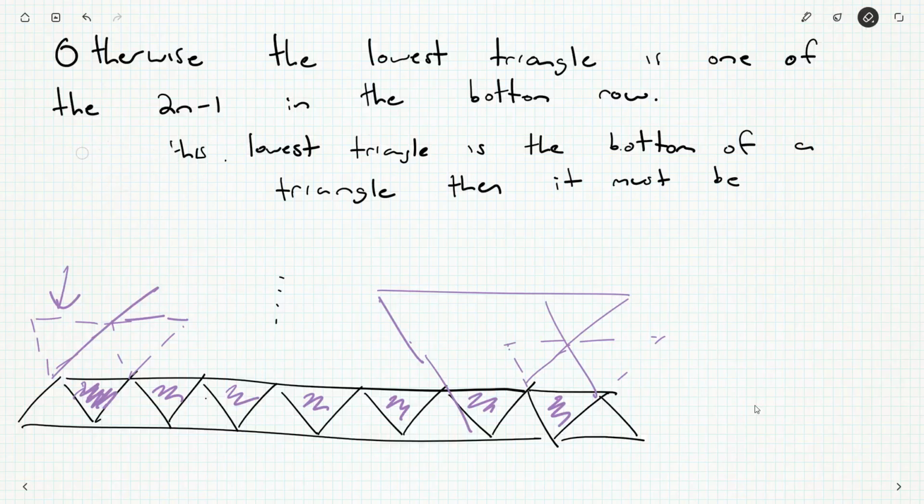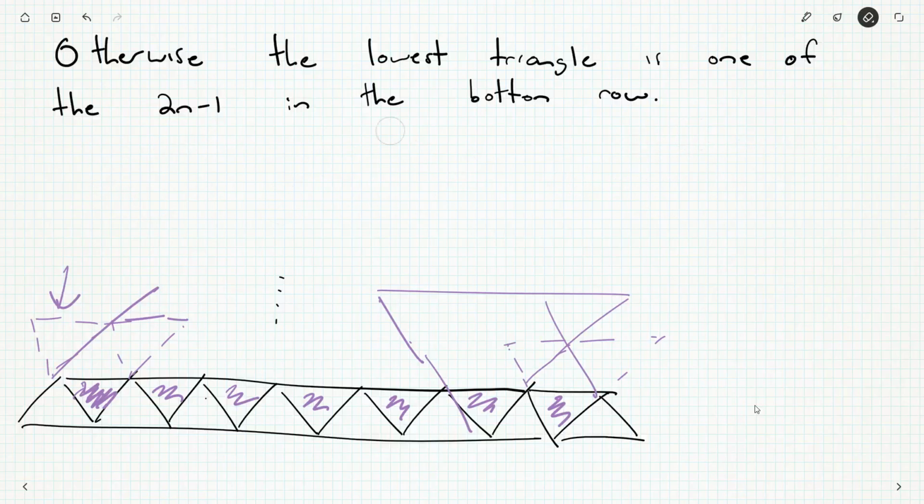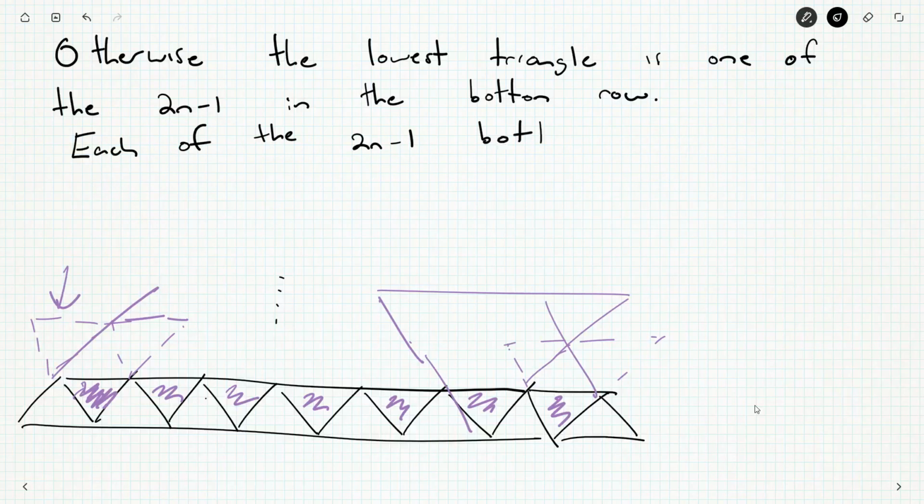So for each of the 2n bottom row triangles is the lowest triangle for a triangle.